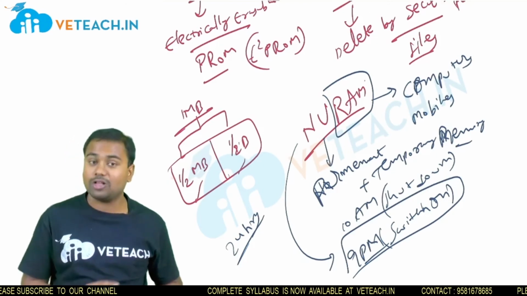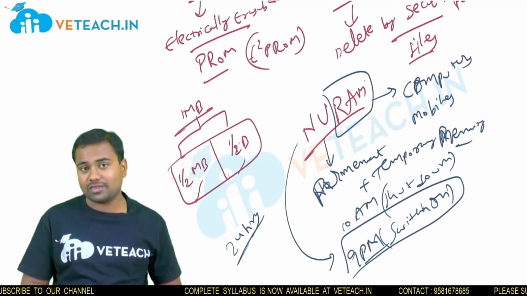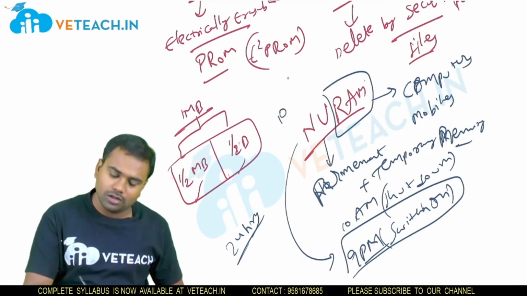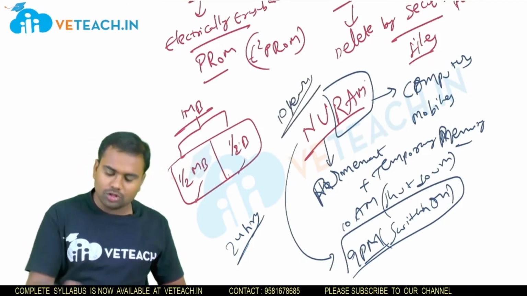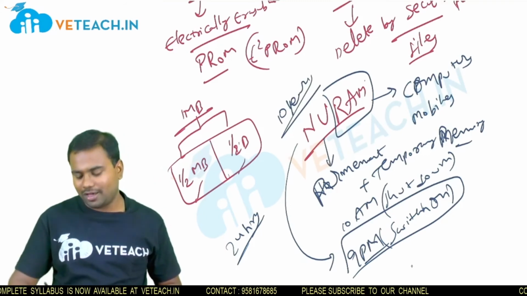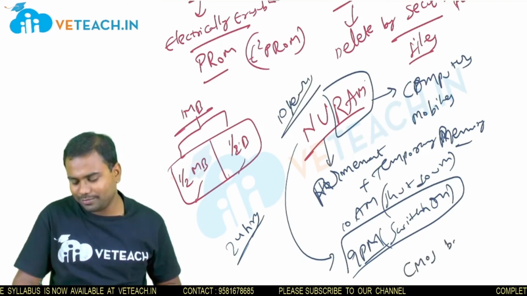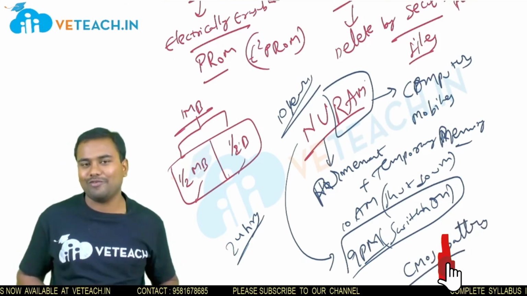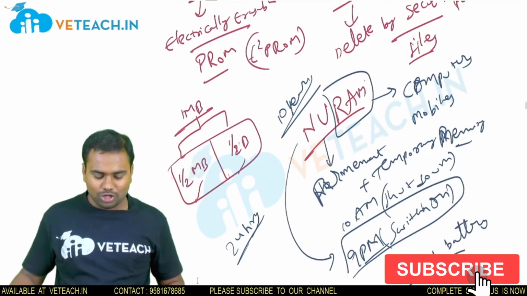Even in mobiles this happens. The lifespan of this is 10 years. The NVRAM we can call a CMOS battery. The CMOS battery is the common name we use for NVRAM.